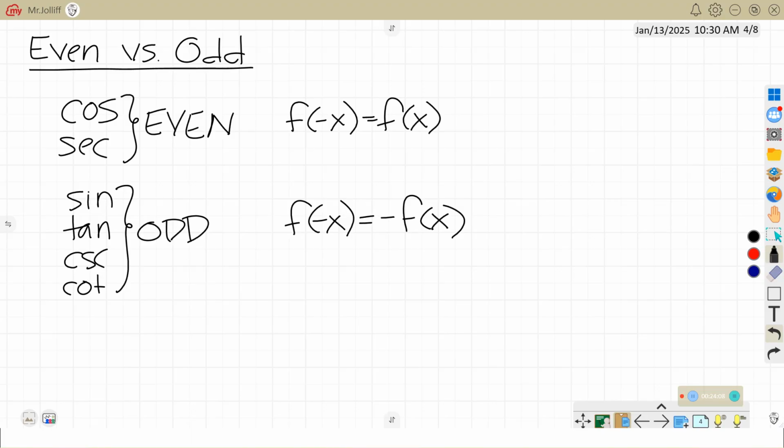For all of the other trig functions, sine, tangent, and their buddies, if I shove in negative pi over 3, it's going to take the answer for pi over 3 and spit out its negative. Meaning you change the sign on the x, you also change the sign on the y. Takes you from first quadrant to third quadrant.